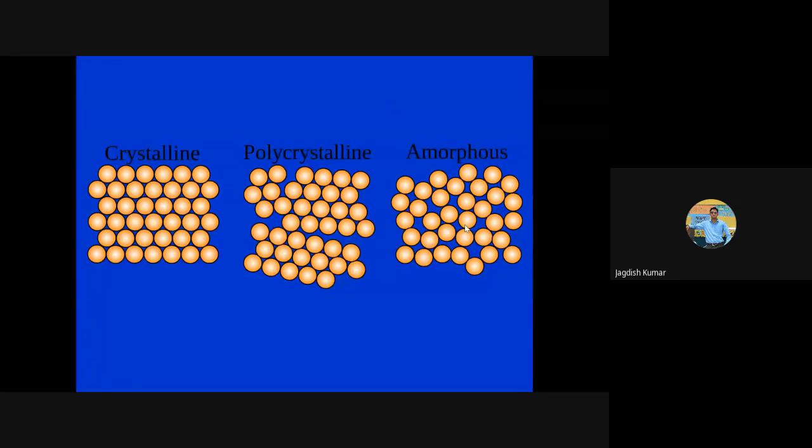So what are polycrystalline solids? They are like crystalline solids themselves, but those crystalline regions do not extend to a very large length. In an ideal crystal, the periodicity retains itself to very large lengths. And what do we mean by large length? Ideally, a crystal should extend all the way to infinity, isn't it?